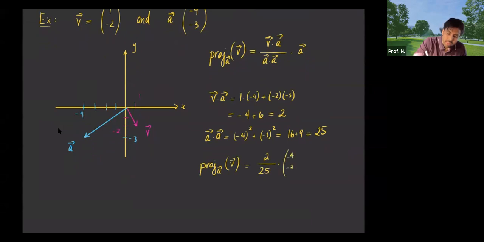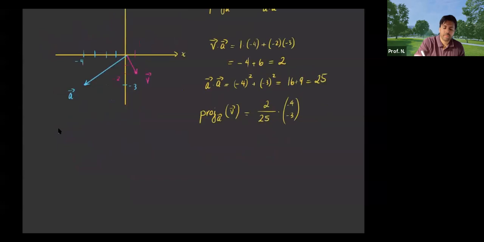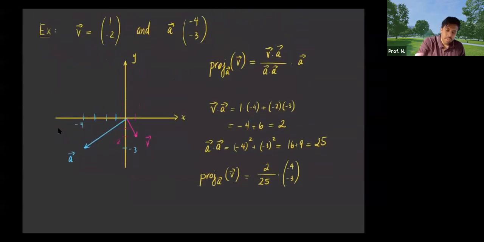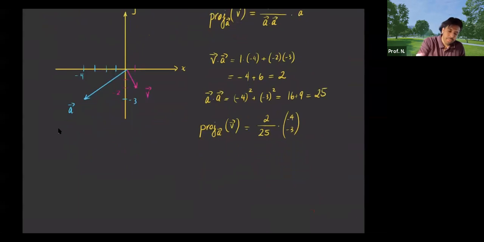which is -4, -3. Again, you can treat the vector as a column vector or as a comma delimited form, like -4 comma -3, which is the n-tuple version. But I'm just going to leave it as a column vector. So I'm done. This would be the vector.